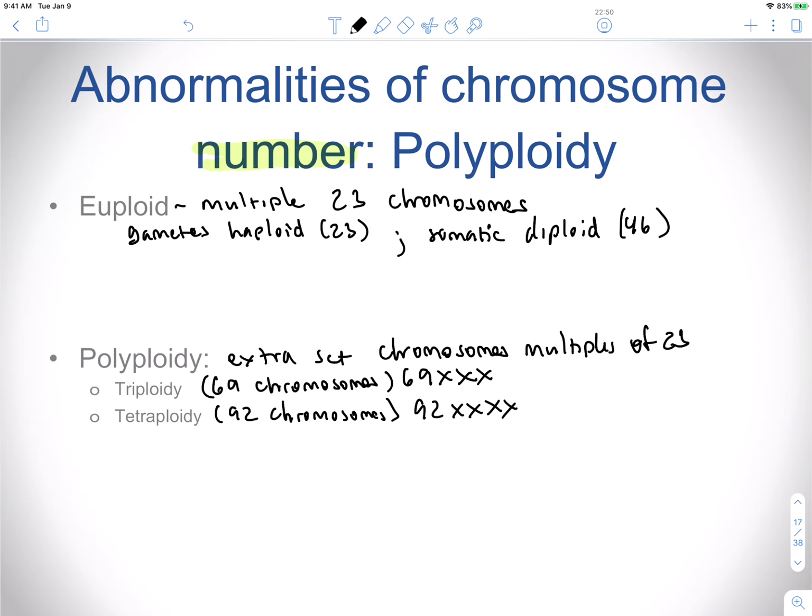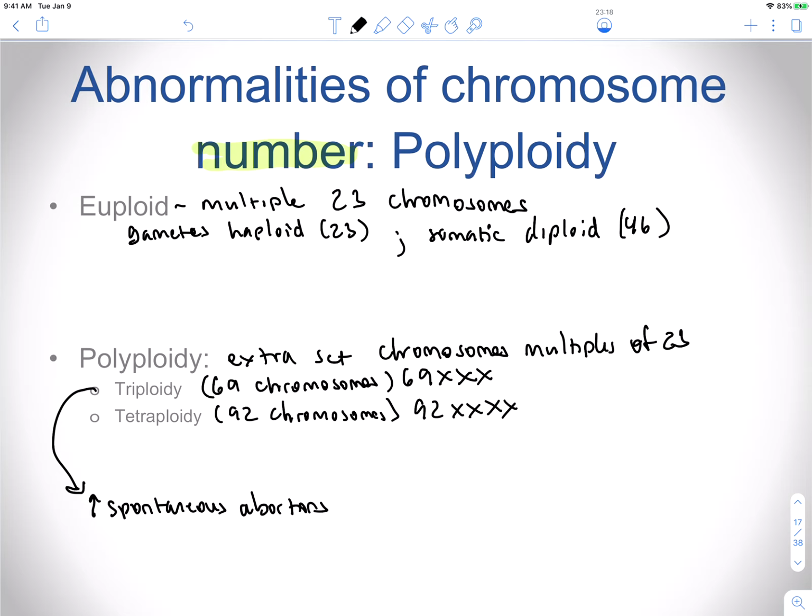Triploidy is going to cause a lot of fetal loss in the first few trimesters, so spontaneous abortions. And if you are a triploid that lives to term, you usually die shortly after birth. This is the same for tetraploidy.